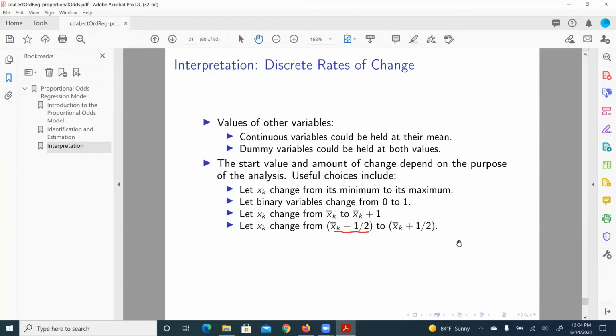Or we can let xk change from the mean of xk to one standard deviation above the mean of xk. Or we can let xk change from half a standard deviation below the mean of xk to half a standard deviation above the mean of xk.